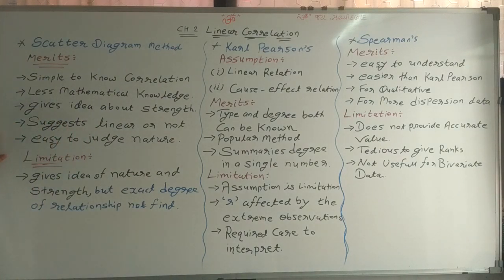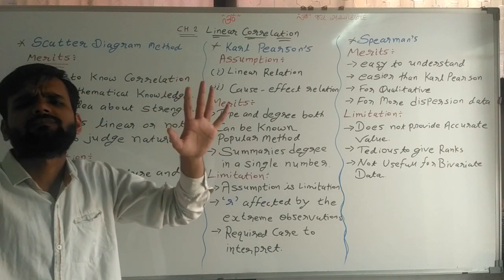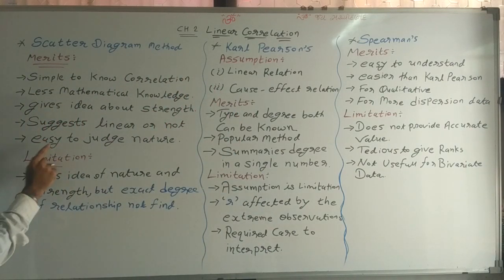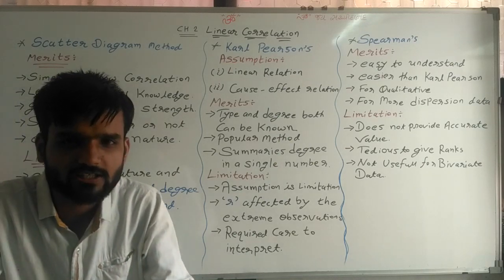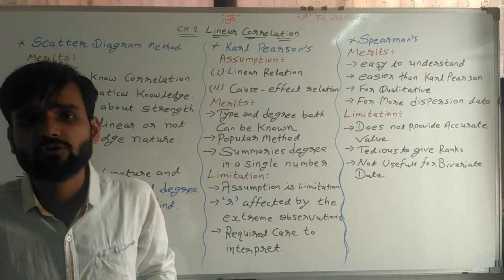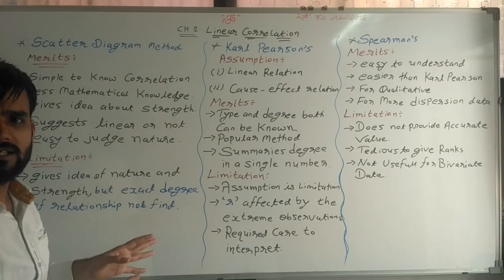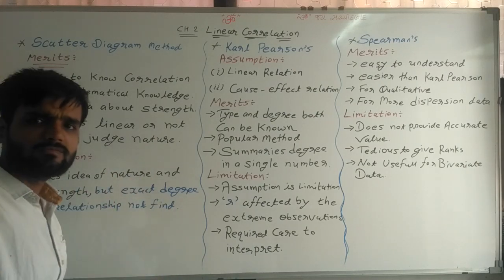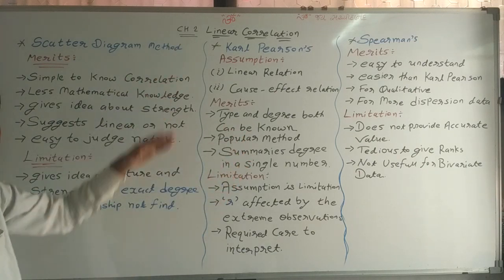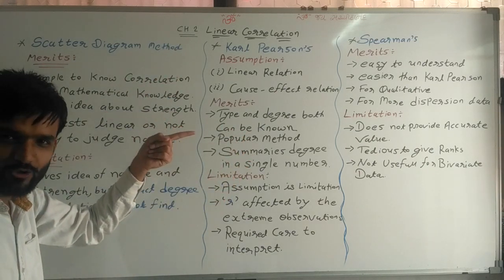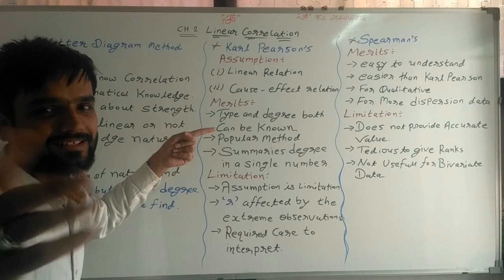And the last one, the easiest one: it is easy to judge nature. Which type of correlation is there, positive or negative? That also we can see in the diagram and judge. If there is an increasing trend from left to right, all of you give the answer.